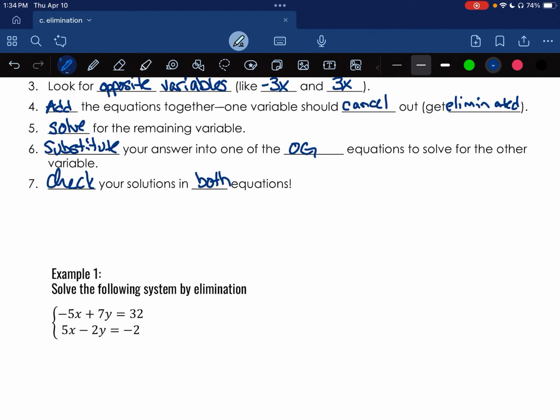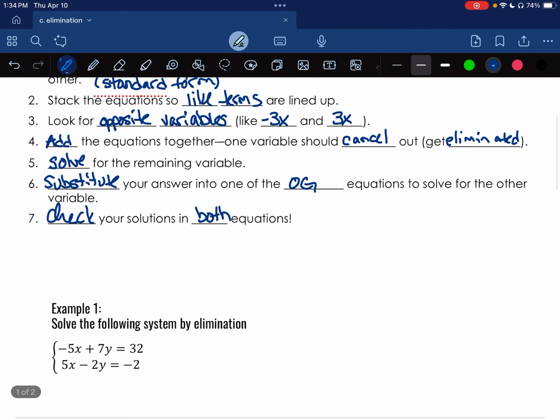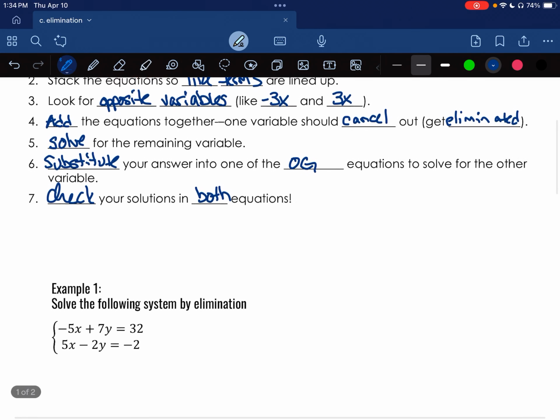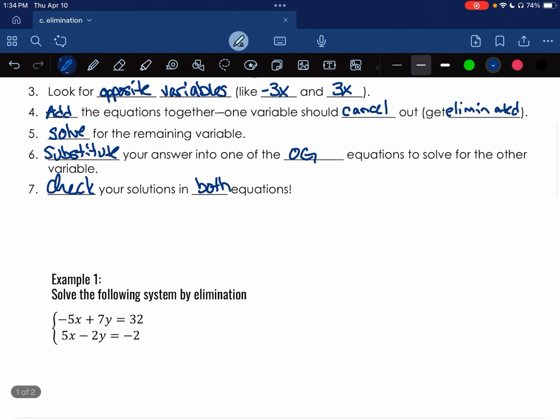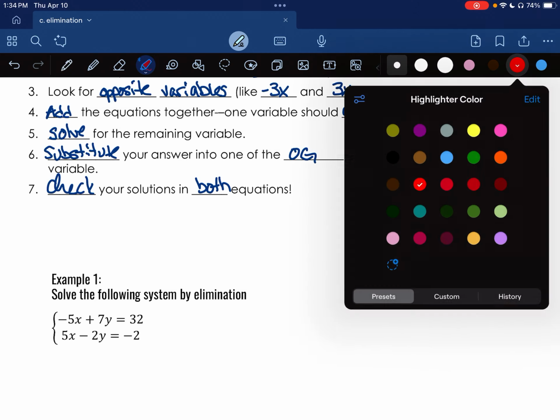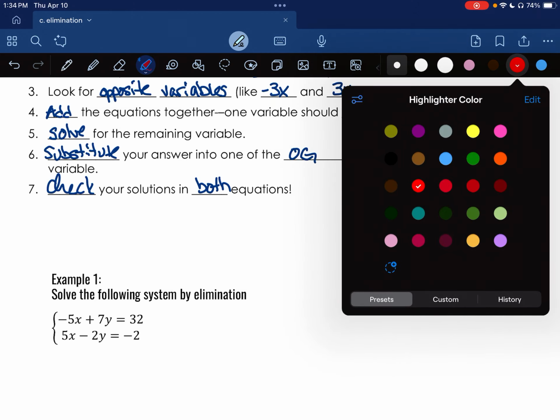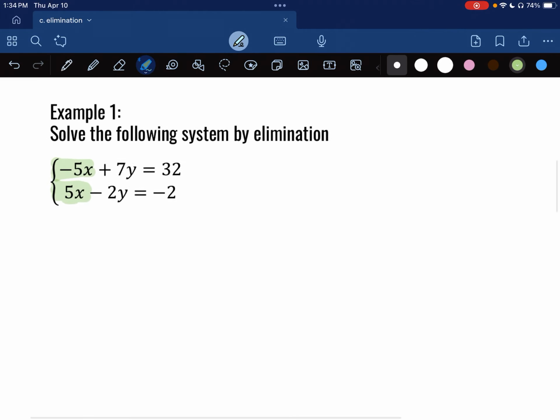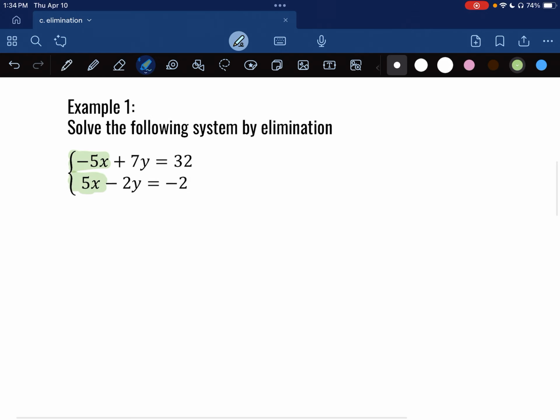So first thing going on here, I've got my system. They're both in standard form. They're stacked, right? So like terms are lined up, and lo and behold, we got some opposite variables. See, we got that negative 5x and the positive 5x.